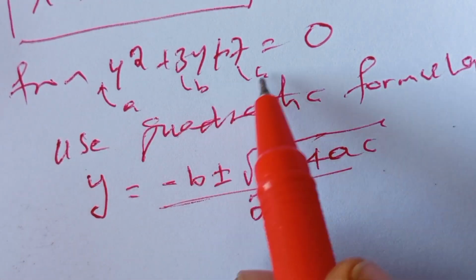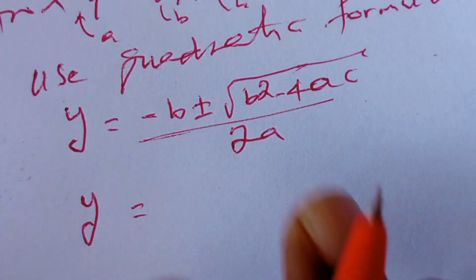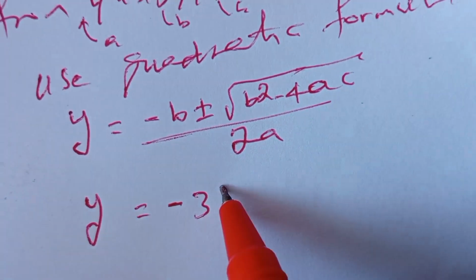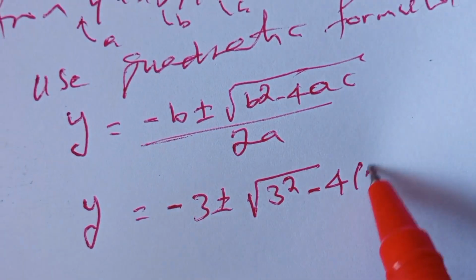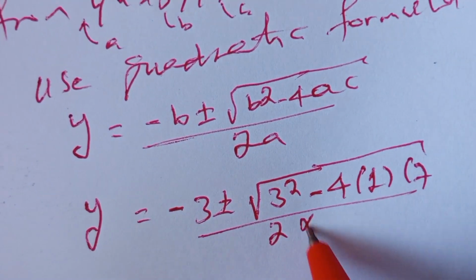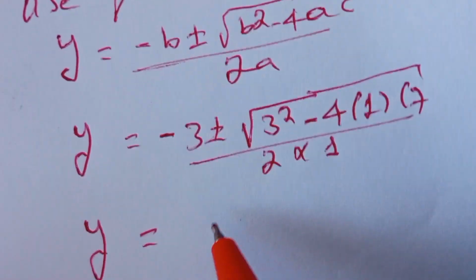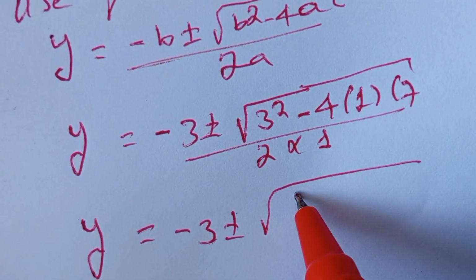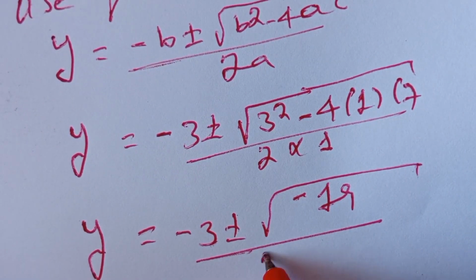Based on this, y is equal to minus 3 plus or minus the square root of 3 squared minus 4 times 1 times 7, over 2 times 1.